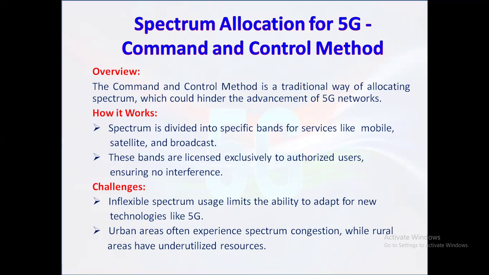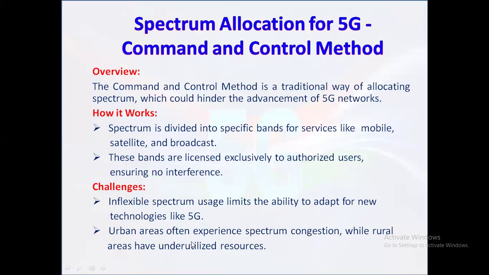These bands are exclusively licensed to authorized users, ensuring that they can operate without interference from others. However, this method lacks flexibility, making it difficult to adapt the spectrum to accommodate emerging technologies like 5G.